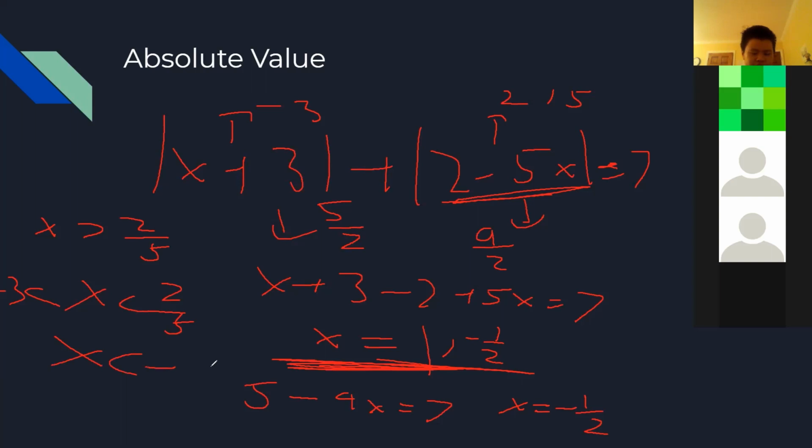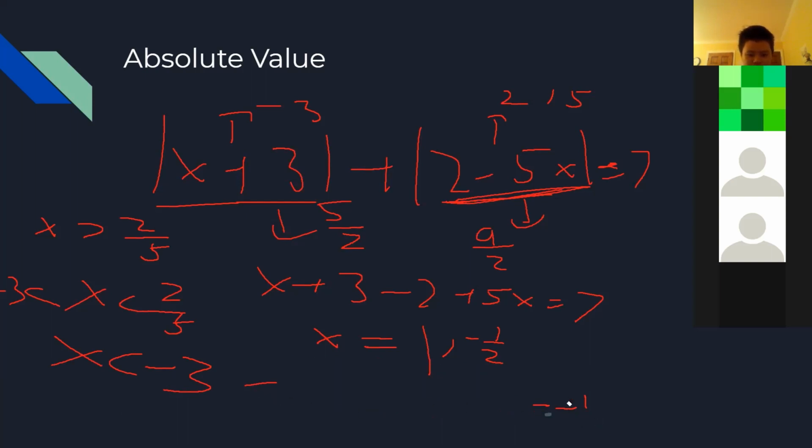x less than -3, which makes this negative and this positive. I'll erase this to give us some space. So 2 minus 3 minus 5x minus x equals 7. And now negative 6x equals 8.